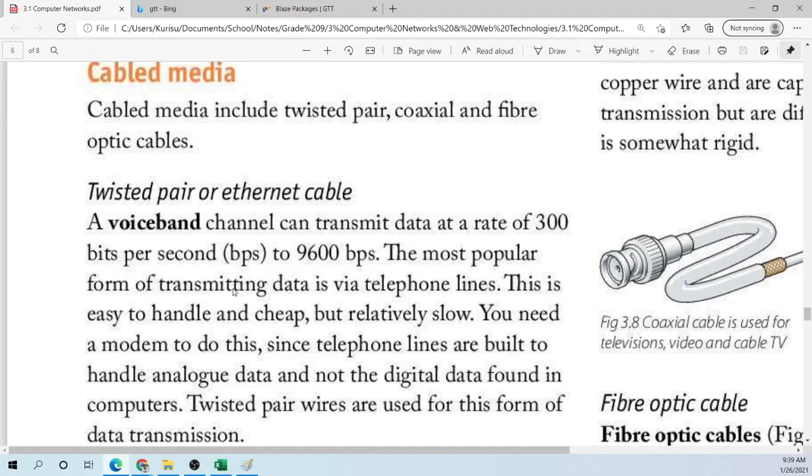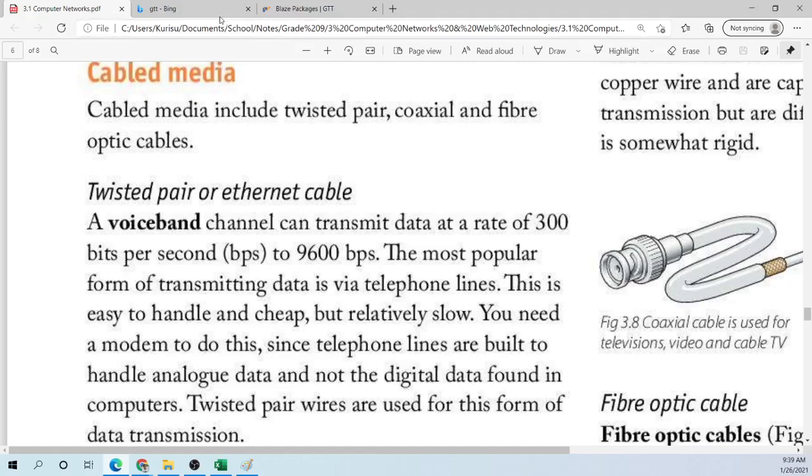And that is used to transmit data. Now it is much cheaper, that is why it is used, but it is relatively slow. Now in order for you to use that cable, you need a modem. So that is why that same telephone line is plugged into your modem at home.